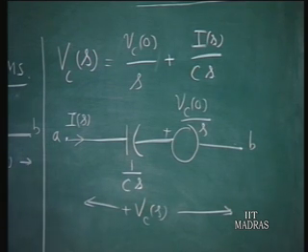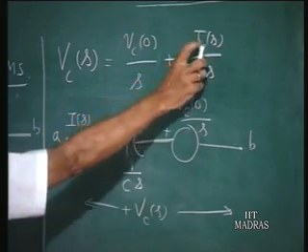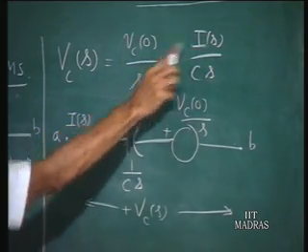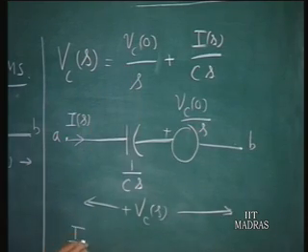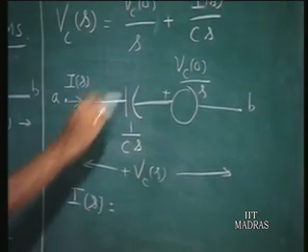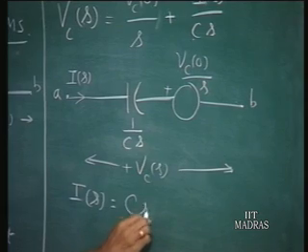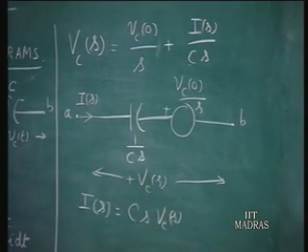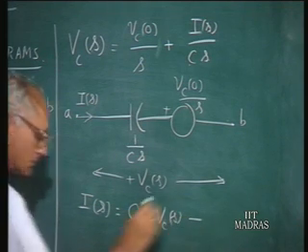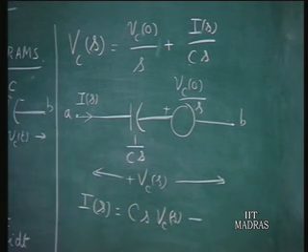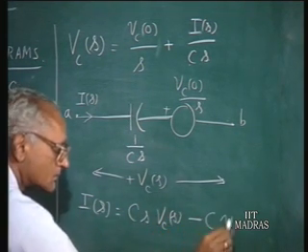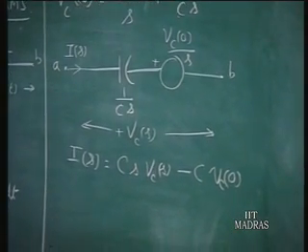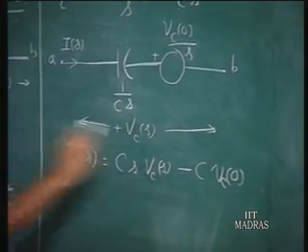We can express the current in the capacitor in terms of the voltage. So from the same equation, you can write I(s) equals Cs times Vc(s) minus C Vc(0). So the current is now expressed in terms of the voltage like this.